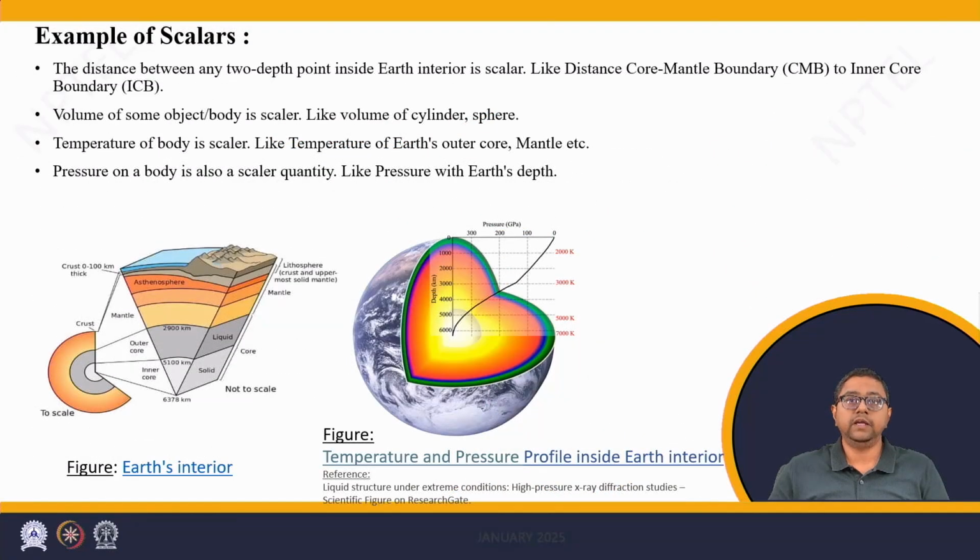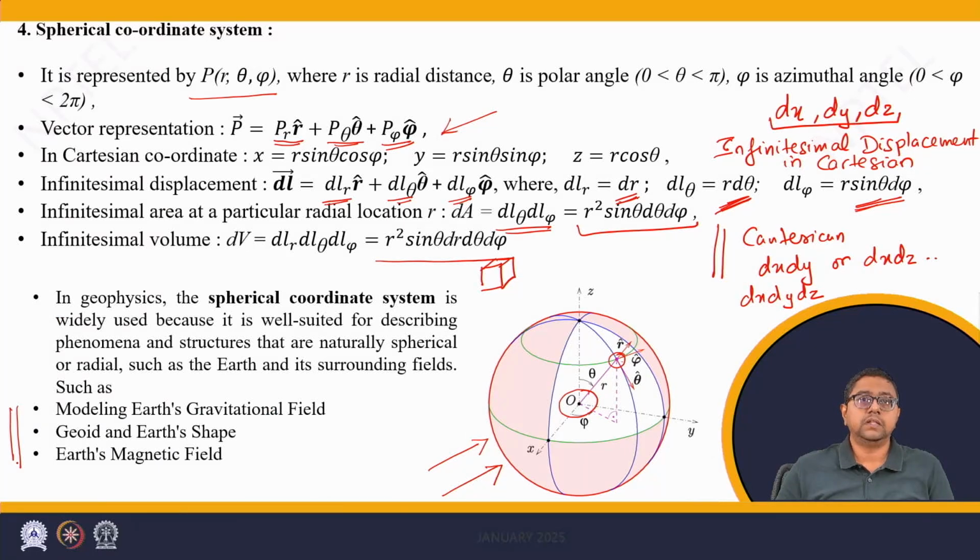So you can see here that the inner core as well as outer core and other layers of the Earth are nothing but spherical concentric shells, and phenomena which are occurring in these layers are very much affected by the sphericity of the Earth. So this propels one to use spherical coordinate system instead of Cartesian coordinate systems for geophysical applications. In particular, the Earth's gravitational field is very well described by spherical coordinate system instead of Cartesian coordinate system.